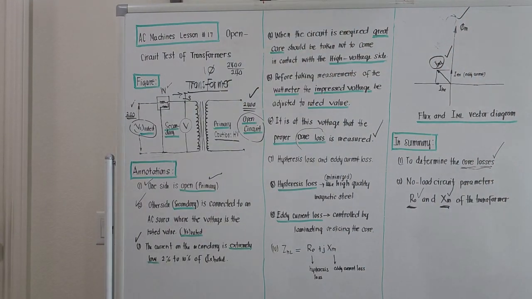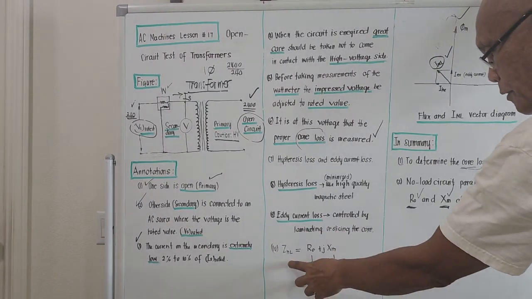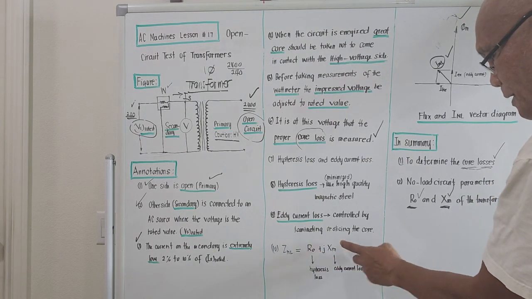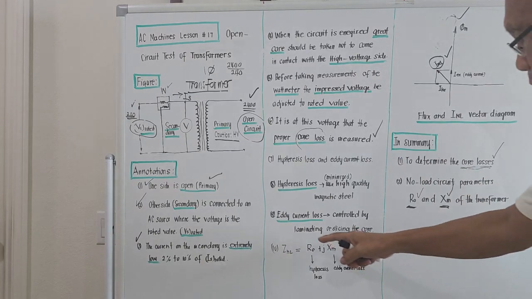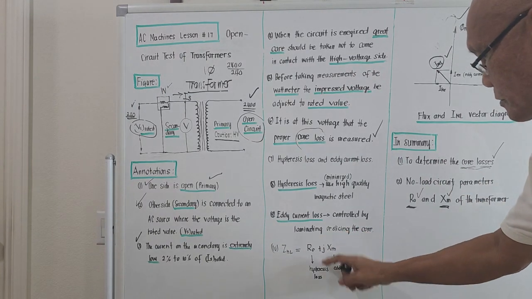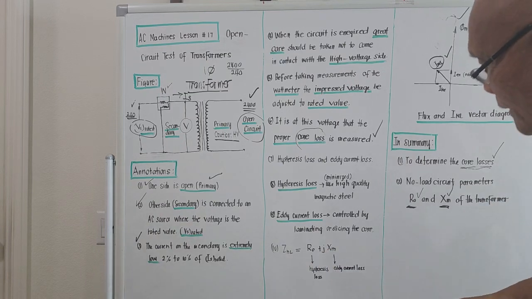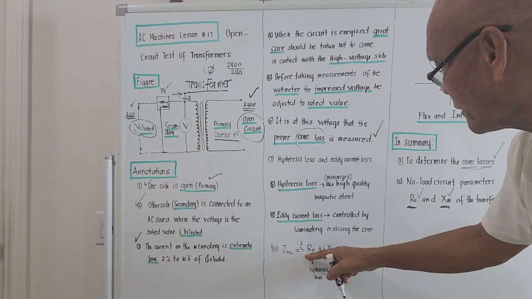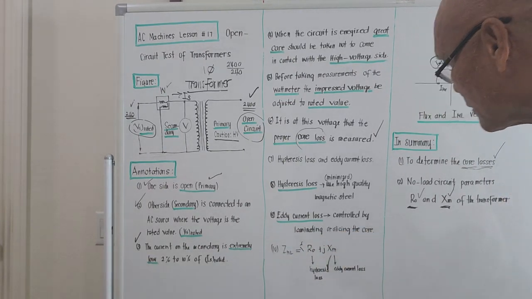Number 10 is just a vector summation. The total impedance at no load will be capital R with subscript O plus j capital X with subscript M. This R0 is referred to as the hysteresis loss component, since it is just resistance. If you multiply this by I squared, that is I squared R sub O, which is termed the hysteresis loss.